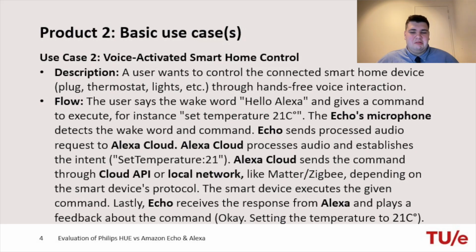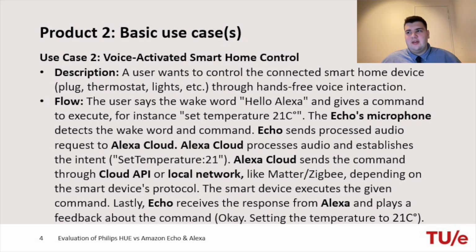Then Alexa Cloud picks the correct command for this specific device and sends the command to the Echo device, together with textual feedback about the command. For example, okay, I'll set the temperature to 20.